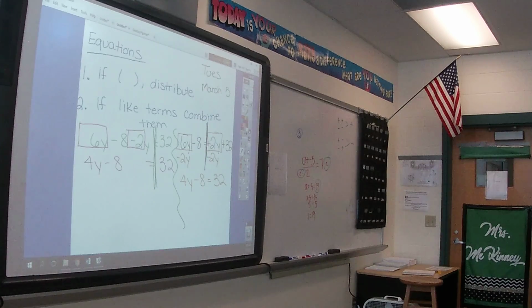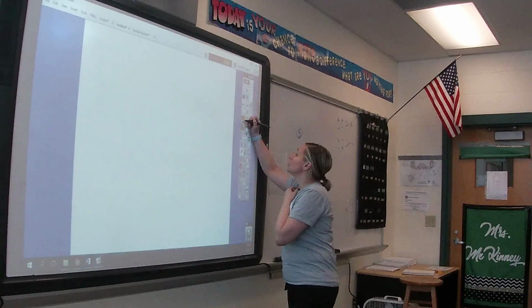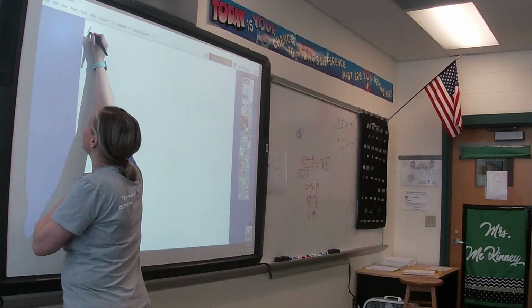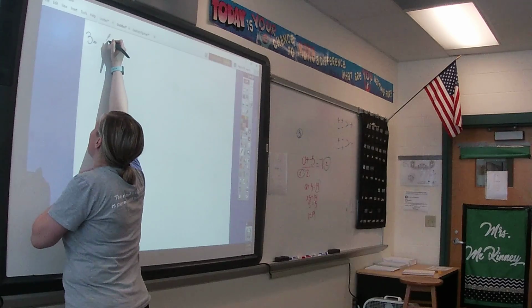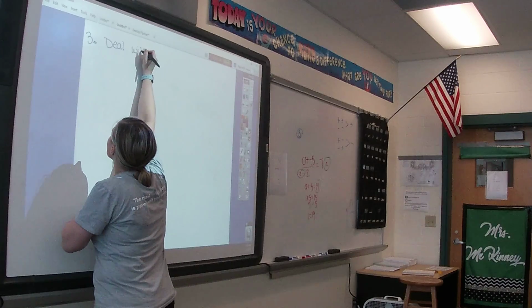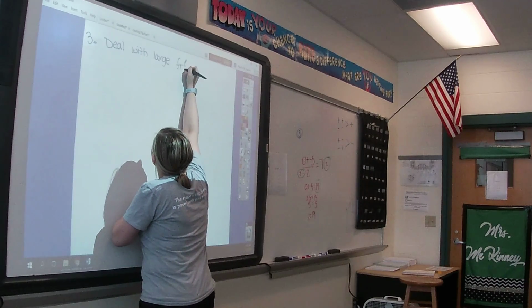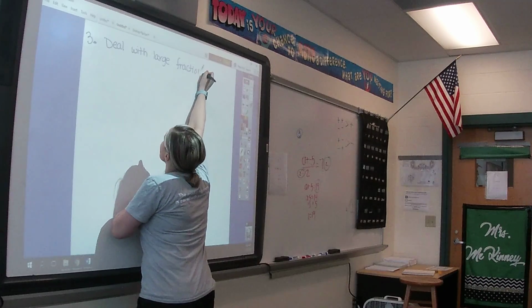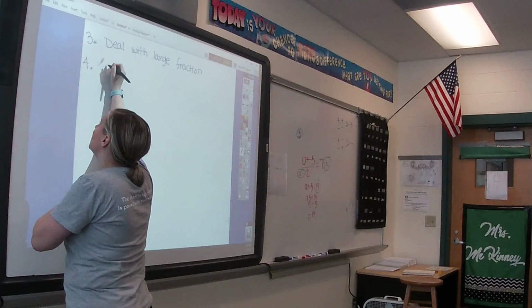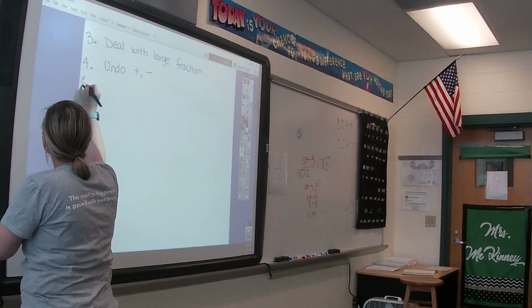Once we get past that point, the remainder of the steps are going to be the same. So we're still going to have a step 3 that says deal with the large fraction if there is one. Step 4 is still going to be to undo addition and subtraction.